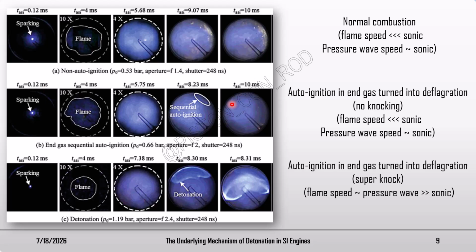In the second picture, we had autoignition, which resulted in deflagration. Just like the above image, we have the spark event. The flame front is developed after some 4 milliseconds and it's advancing.